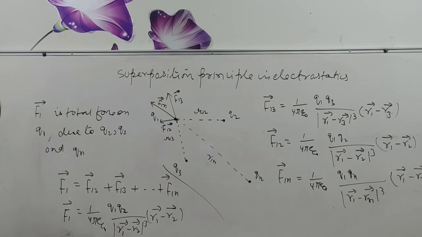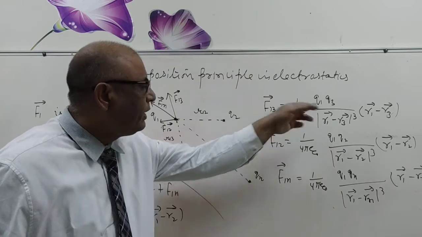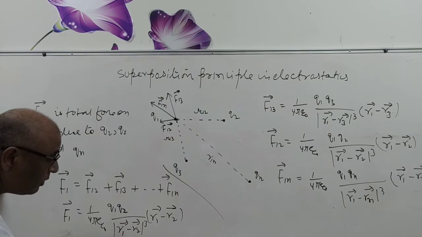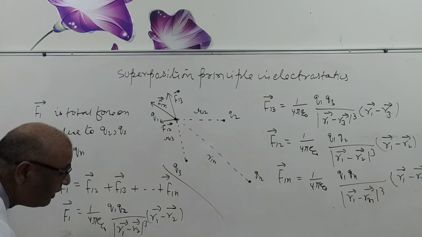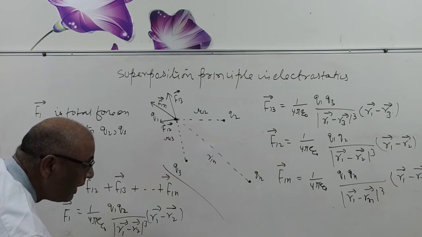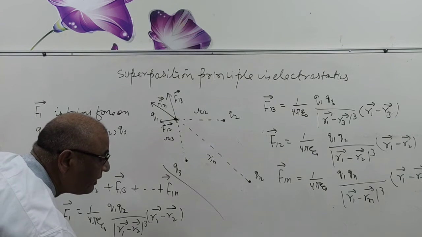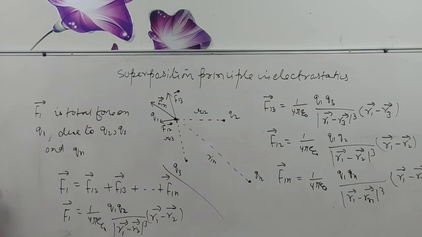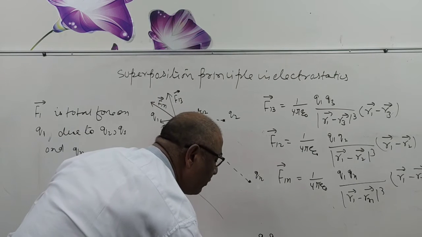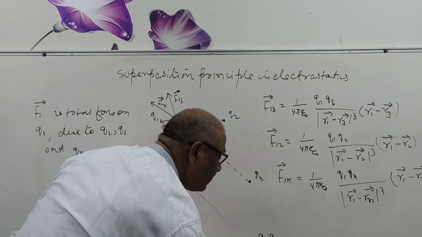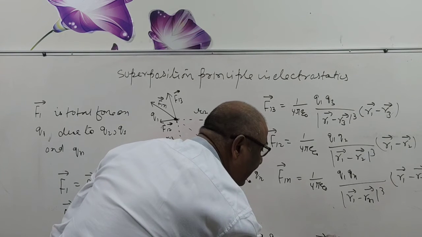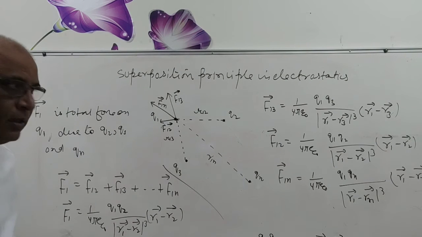Then you write plus the F13 term: 1 upon 4 pi epsilon naught, Q1 Q3 times R1 minus R3, divided by the modulus of R1 minus R3 cubed, and so on up to the nth charge: 1 upon 4 pi epsilon naught, Q1 Qn times R1 minus Rn, divided by the modulus of R1 minus Rn cubed. So we may write it like this.